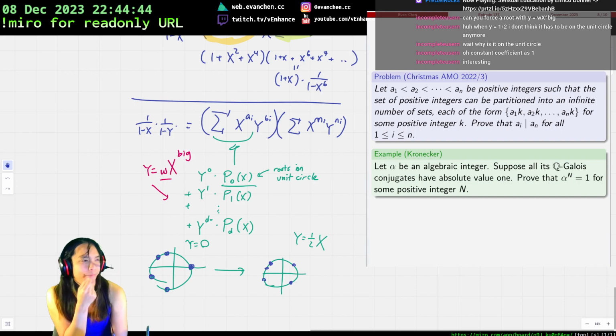Yeah, but the problem is the leading coefficient isn't necessarily 1, so the Vieta argument no longer applies.